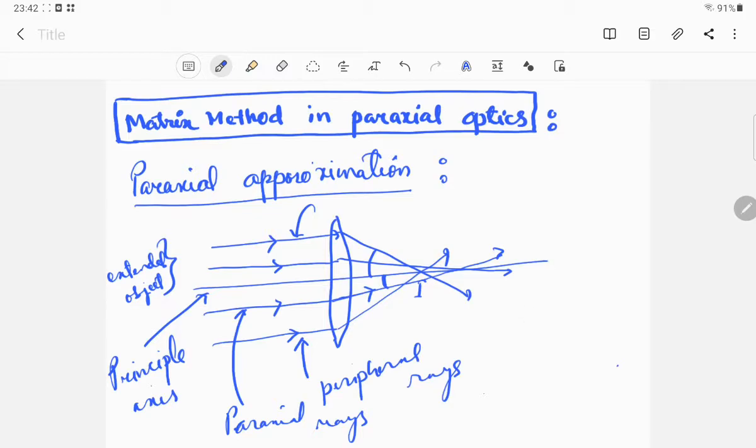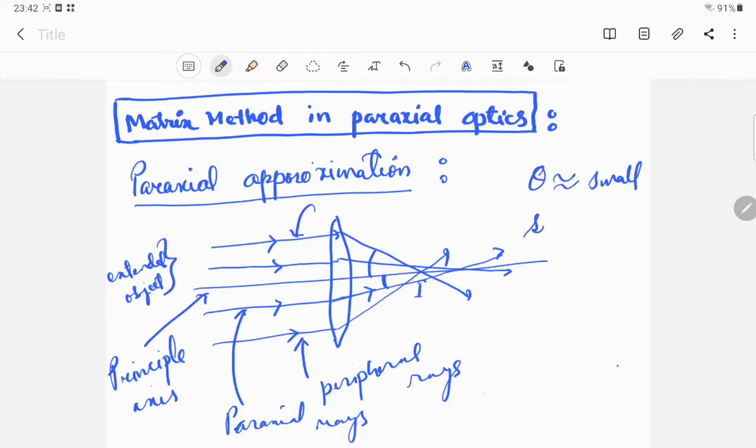Under paraxial approximation we consider only those rays which are very close to the principal axis, or in other words, rays making small angles with the principal axis. Small angles means theta will be very small.